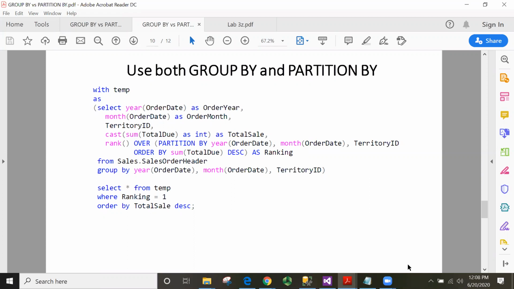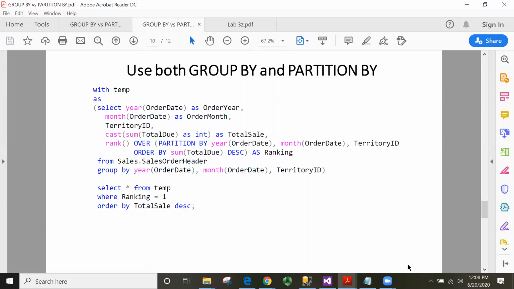So we're talking about group by and the partition by, right? Let me be more specific. If we just look at one of them first, let's look at group by first. Are we doing fine with group by? In this solution, we group by year, month, and the territory ID.